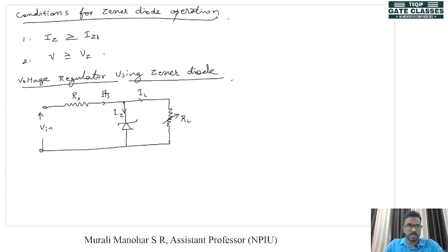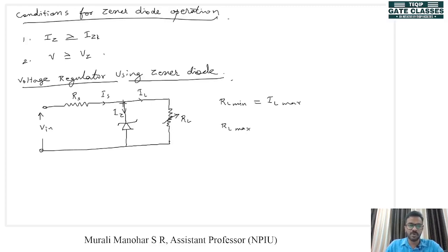Now there are a few conditions you should know about. RL has a minimum value and a maximum value because it is a variable resistance. When RL is minimum, what will be the current? The load current through RL will be the maximum current, because the Zener makes the voltage across the load a constant.